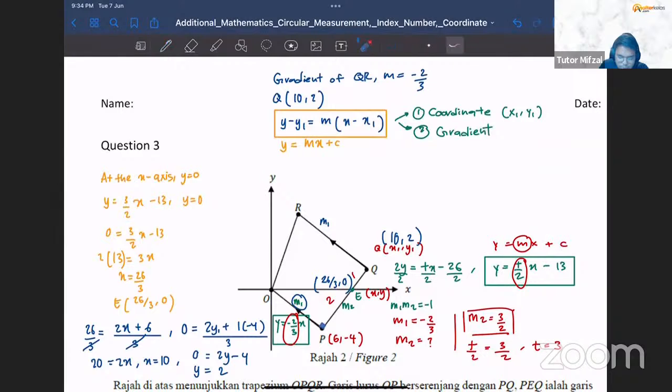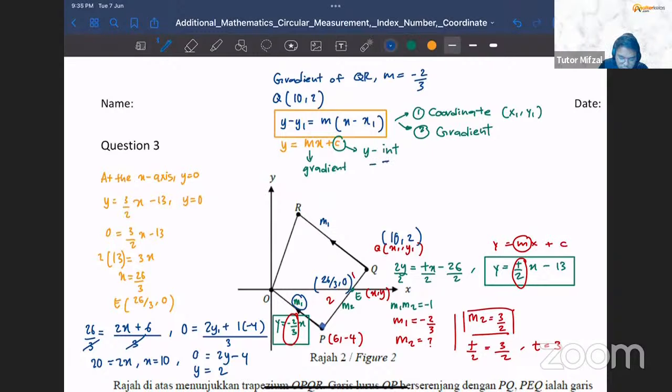Okay, normally I would use this formula more often compared to yang bawah ni. Yang bawah ni pula, dia leceh sikit. Okay, you kena tahu gradient. And also you kena tahu the y-intercept. Which normally diorang tak bagi you the y-intercept and you have to find it on your own. So how do you find the y-intercept?